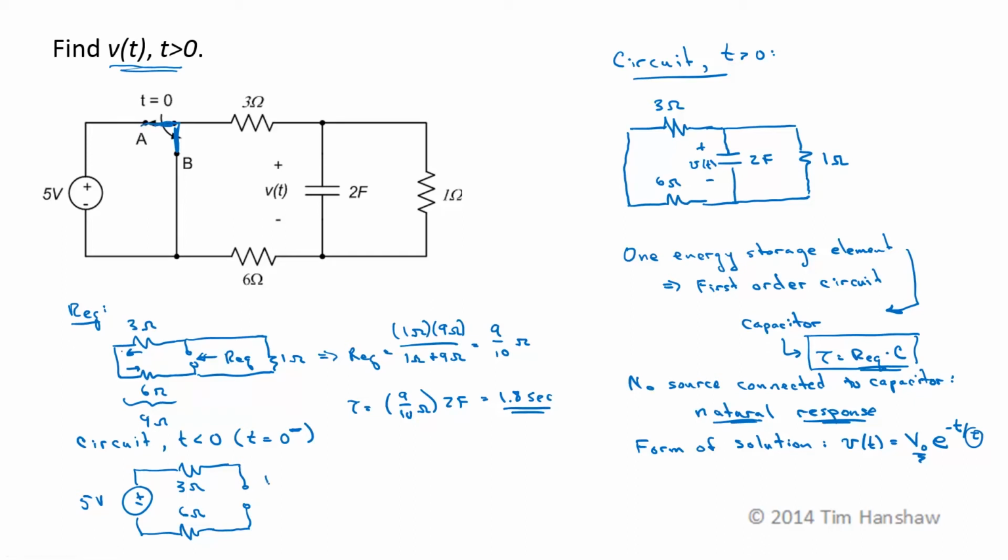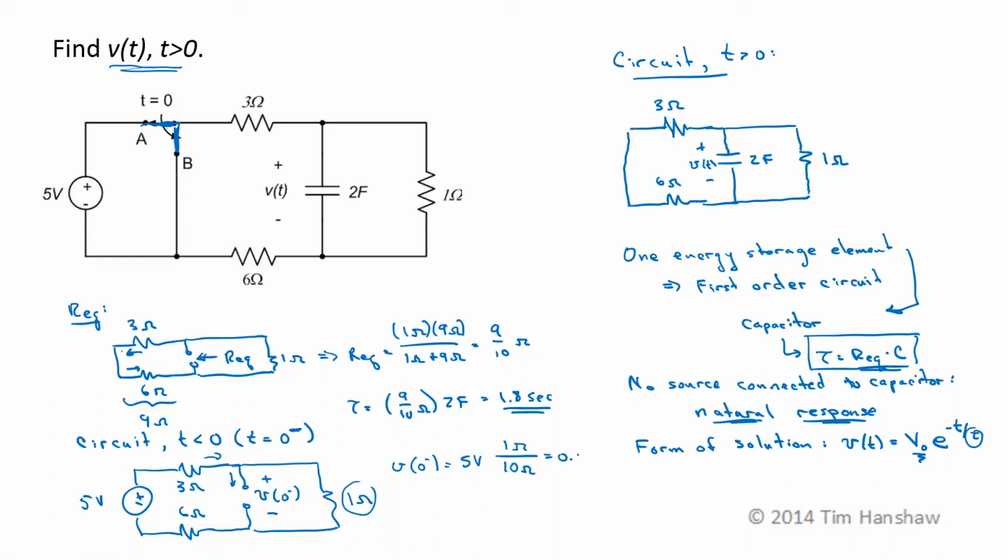So the capacitor looks like an open circuit, and here's a 1 ohm resistor. Everything in here is in series since there's no current through an open circuit, so this is a voltage divider, and V of t equals 0 minus is the voltage across this. So V at 0 minus is equal to 5 volts times 1 ohm over 1 ohm plus 6 ohms plus 3 ohms, or 10 ohms.